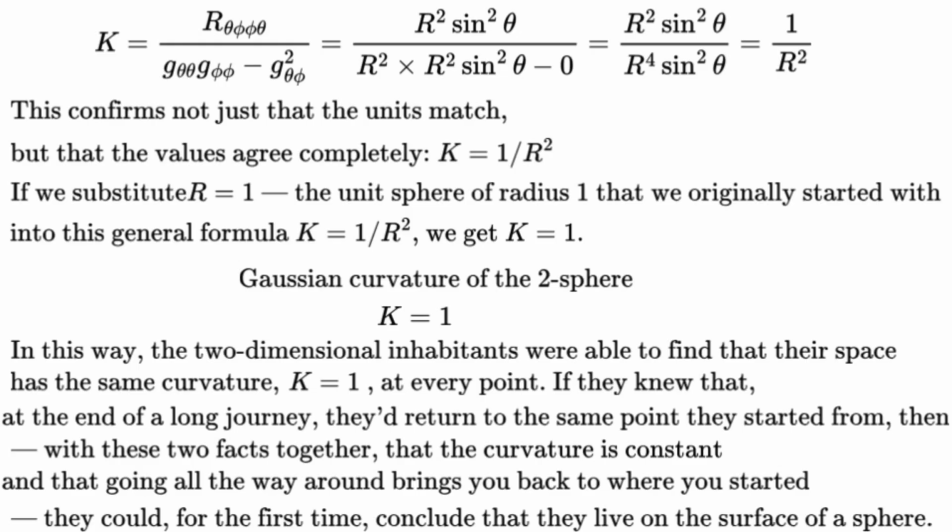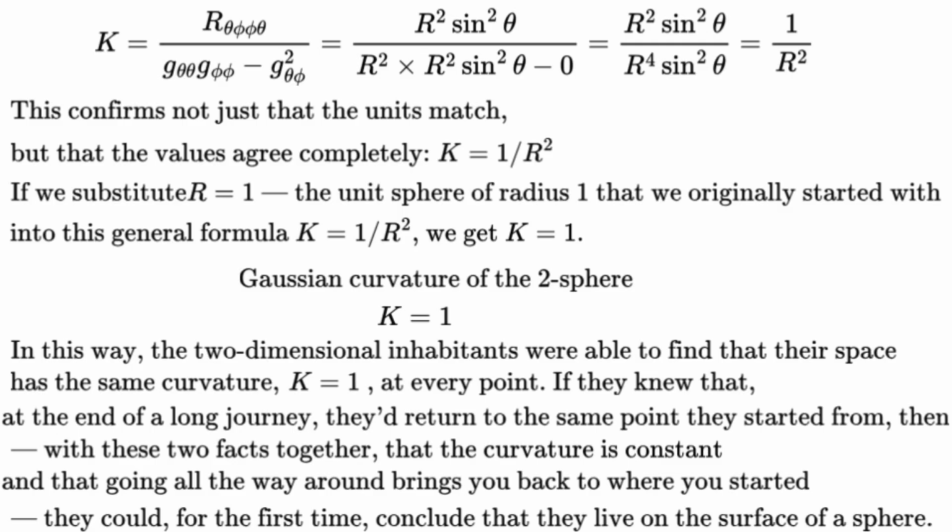If we substitute r equals 1, the unit sphere of radius 1 that we originally started with, into this general formula, k equals 1 over r squared, we get k equals 1. Gaussian curvature of the two-sphere: k equals 1. In this way, the two-dimensional inhabitants were able to find that their space has the same curvature, k equals 1, at every point.